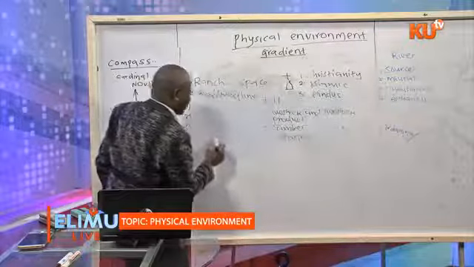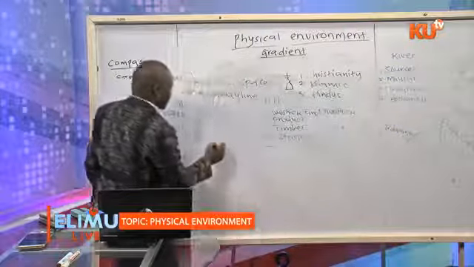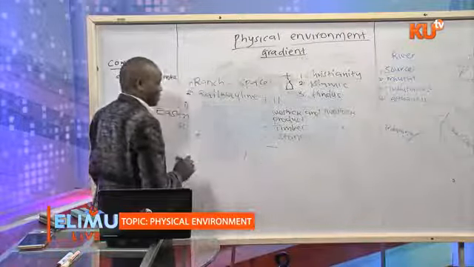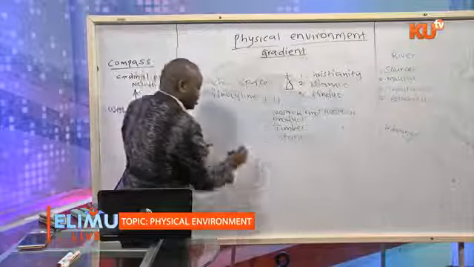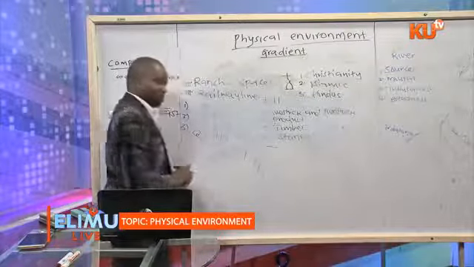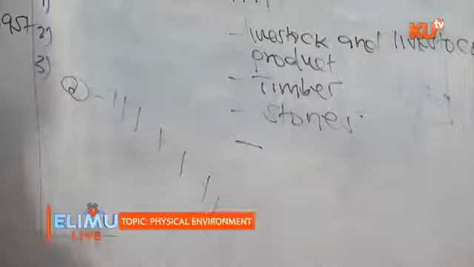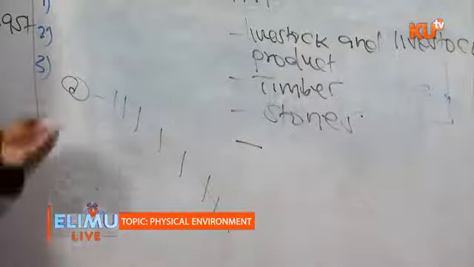For example, you can find a rail line maybe originating from the mining center. What was it mainly used to transport? It can as well be used to transport stones or minerals. What are those minerals? It can be soda ash, which is very heavy and bulky to transport. You cannot use air.